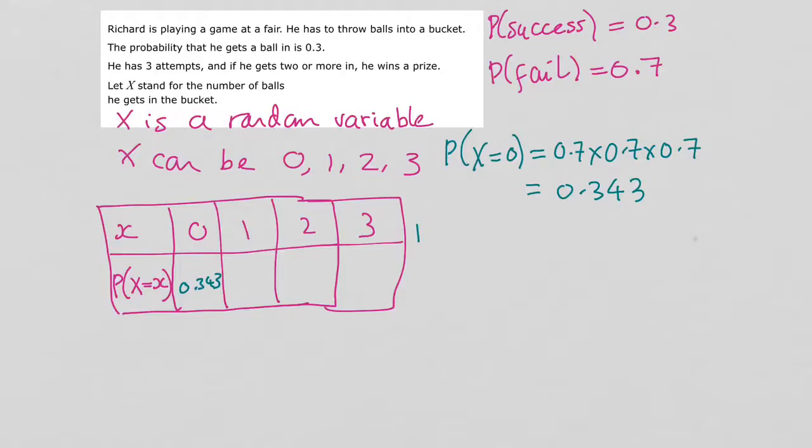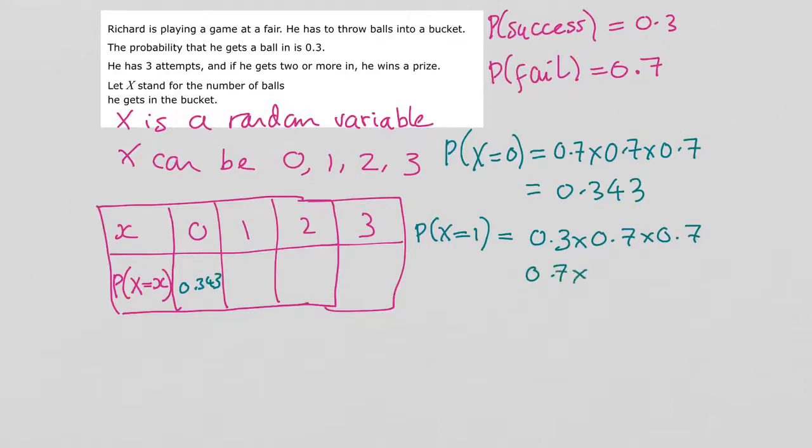Next ones are slightly harder. So think about how he could get 1 ball in that bucket. He could get it on the first attempt and then fail twice more. He could fail, succeed, fail, or he could fail, fail, succeed. So you've got 3 different possibilities there. He could get success, fail, fail.